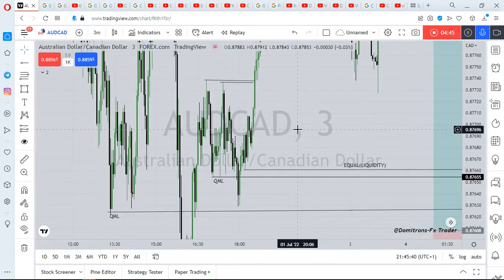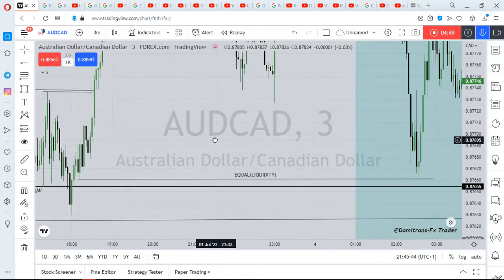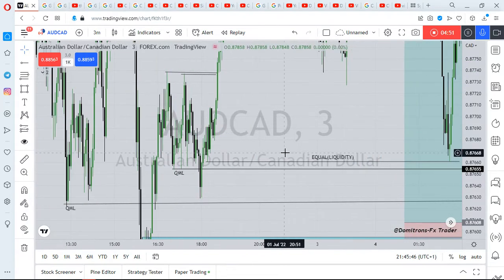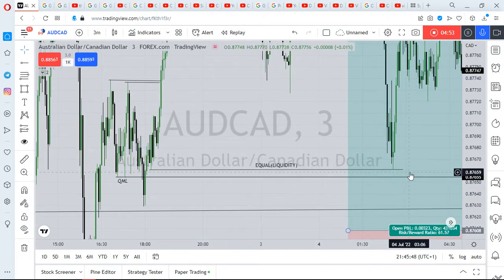We get to have liquidity generated around our points of interest so that the smart money, what they do is that they grab liquidity and then use it to activate their orders.